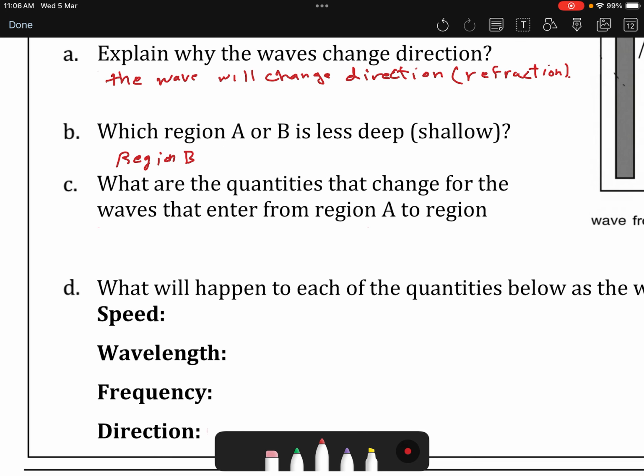Okay, what are the quantities that change for the wave that enters from region A to region B? Actually, when any wave changes the medium, the speed will change, and the wavelength.